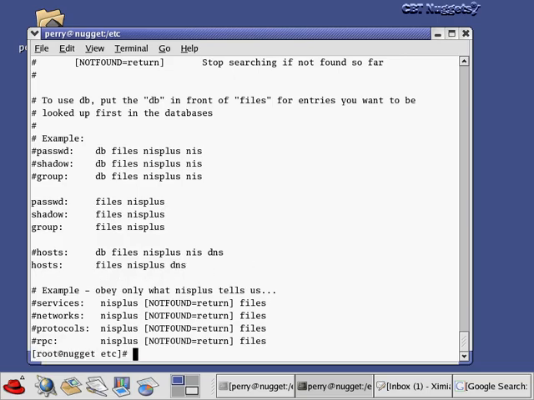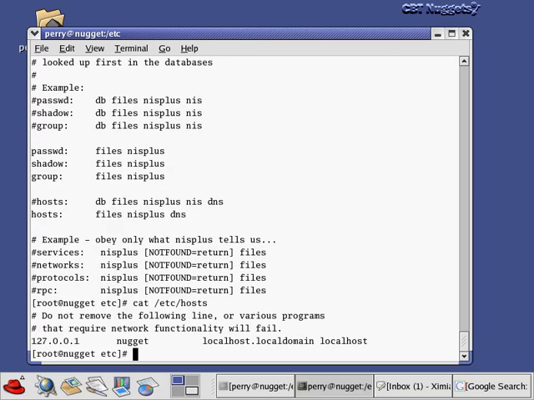That being said, the etc hosts file will contain a listing for all of your local machines on your local domain. You can see for me, I just have one entry in here for my local machine, the nugget machine. But if I had a whole domain of machines, there would be a list in etc hosts of all of those various machines.